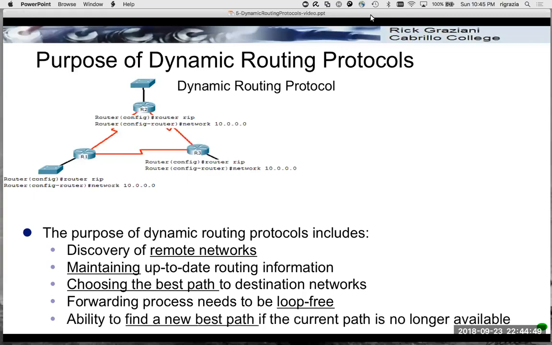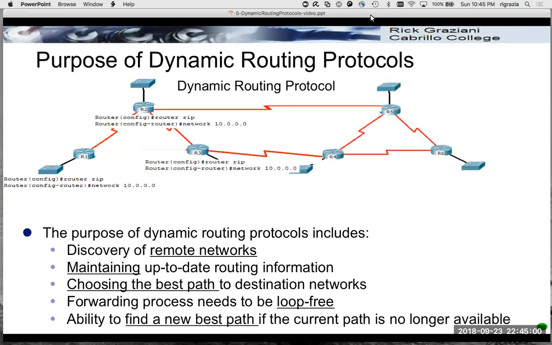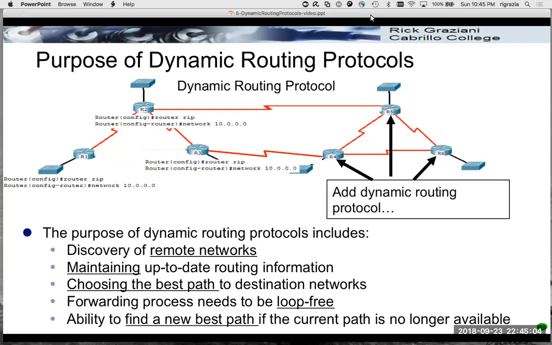And if the current best path is no longer available, find an alternate path if one exists. When topology changes do occur, these routers are able to discover these networks and find the best path, doing all this automatically.